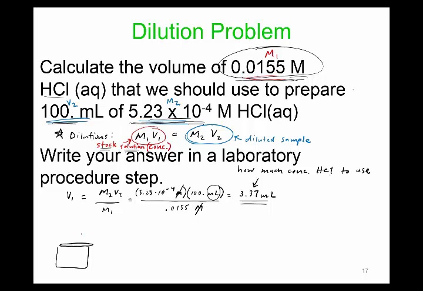You use what's called a pipette. Okay, and a lot of times it has a bulb or some type of drawing up mechanism. And you would measure out, this is our concentrated amount. So this is the 0.0155. And you draw up 3.37 milliliters of this.